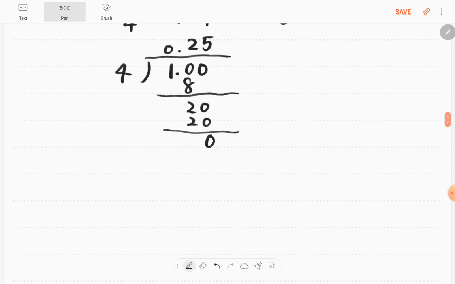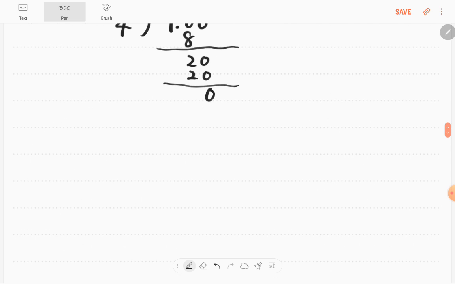Okay, let's check another one. If we want to switch this fraction to a decimal, let's see.